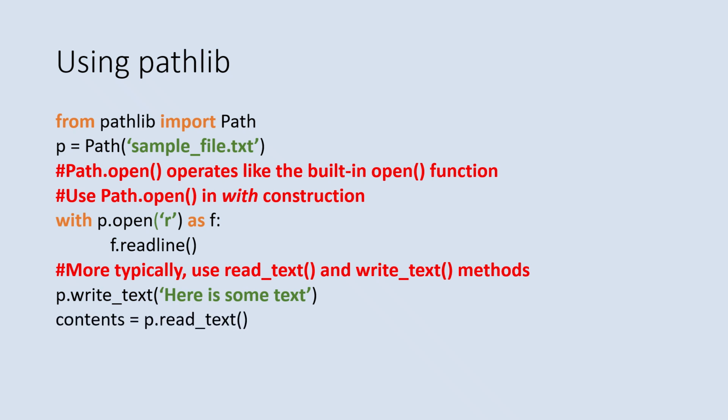If you want to read the file, then you would say at that path, read_text: open the file, read it, and here we're saving it to contents, and then we could print the contents. So we have contents now in memory rather than just existing in the file.